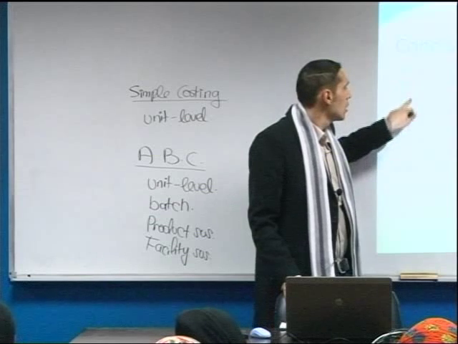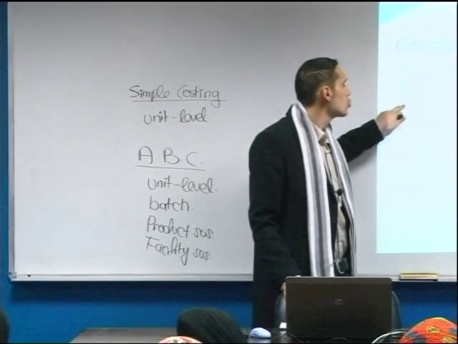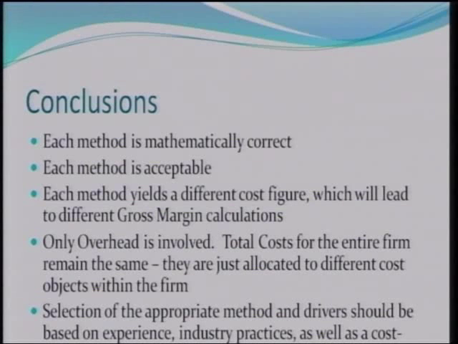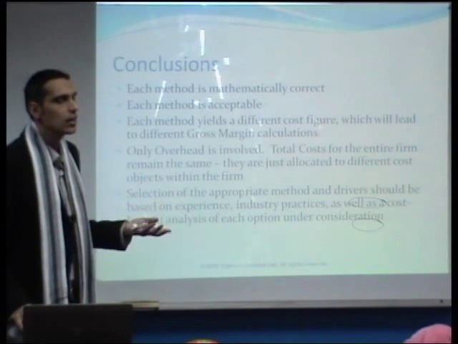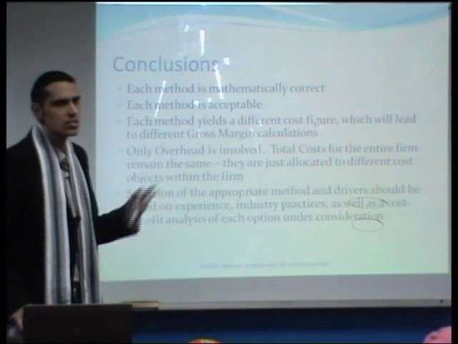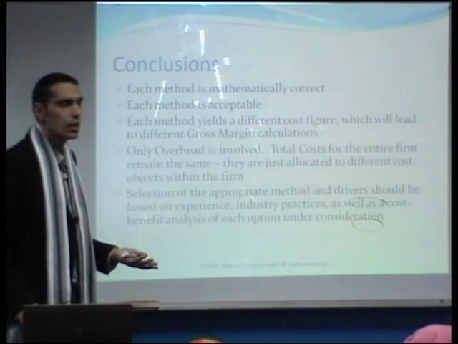Then each method yields a different cost figure, which will lead to different gross margin calculations. Of course, the only difference between the different costing systems is the way we allocate the indirect costs and the way we allocate and classify direct and indirect costs. This is the only difference between the simple costing and the activity-based costing.